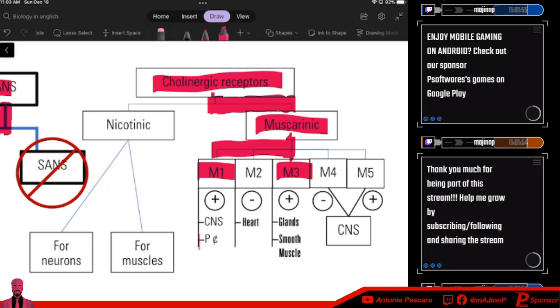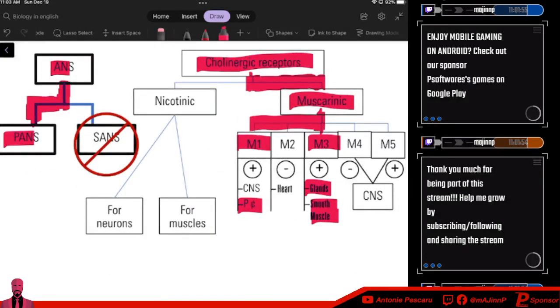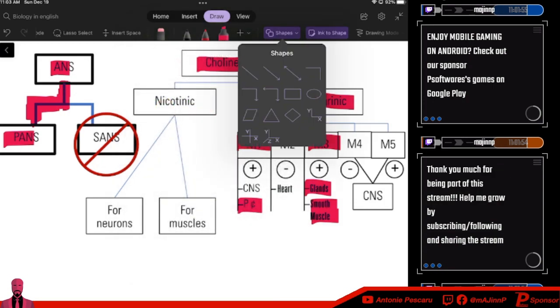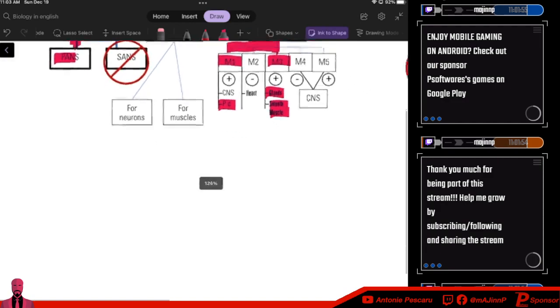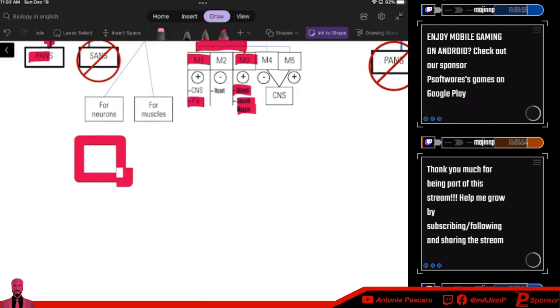That targets mostly the parietal cell, the exocrine glands, and the smooth muscle cell. So without further ado, let's begin with our drawing.